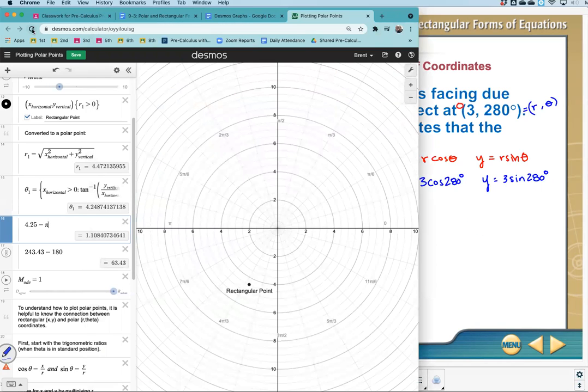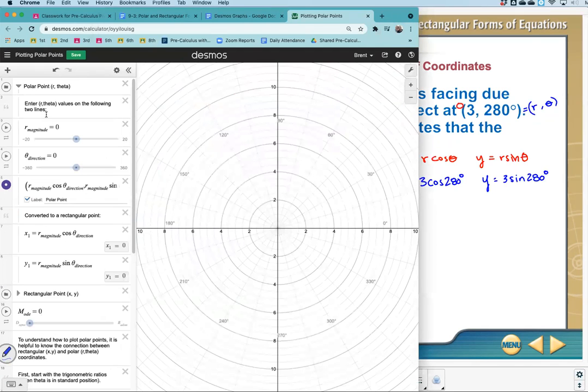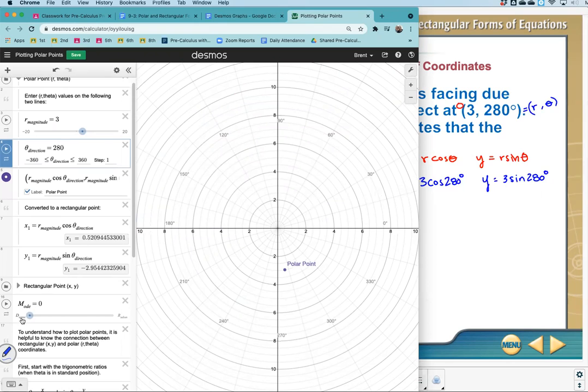I'm just going to refresh my Desmos here. This is polar, so it's 3, 280. This one is in degree mode, so I need to make sure my mode here is in degrees. I'm in degrees. My calculator over here is in degrees. Perfect. So there's that point.